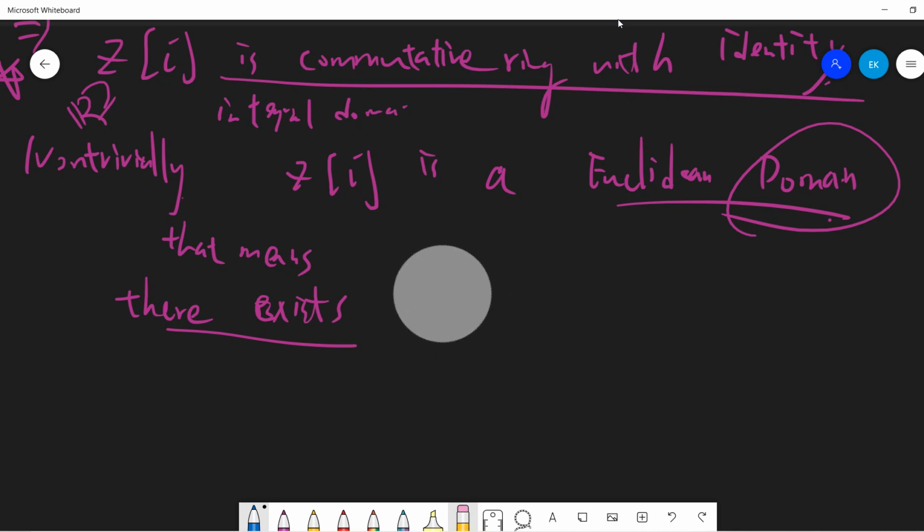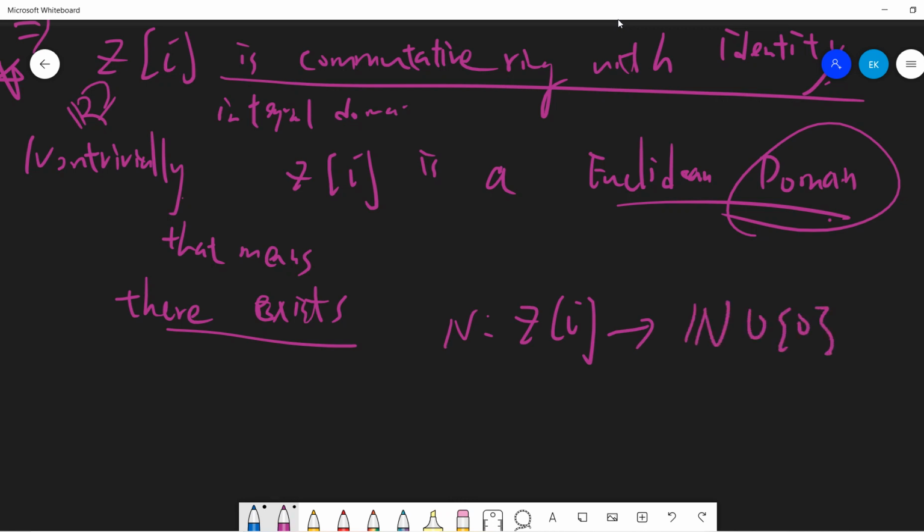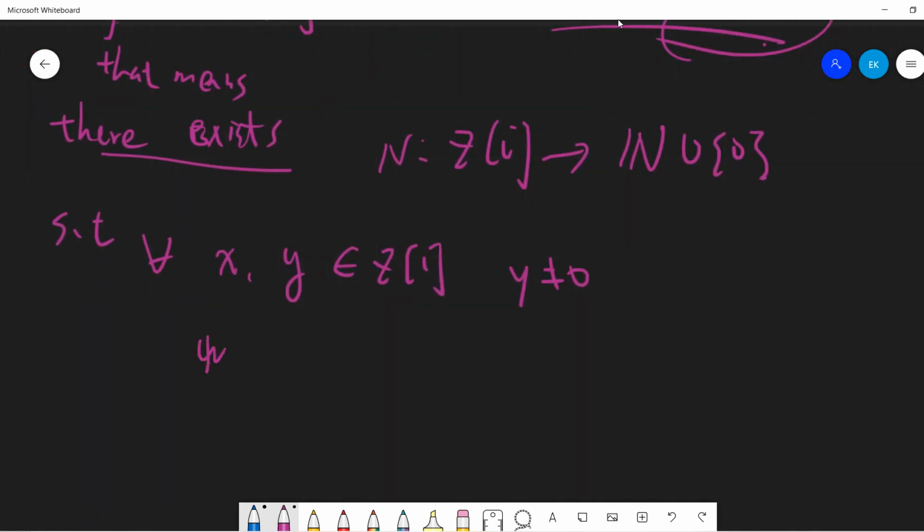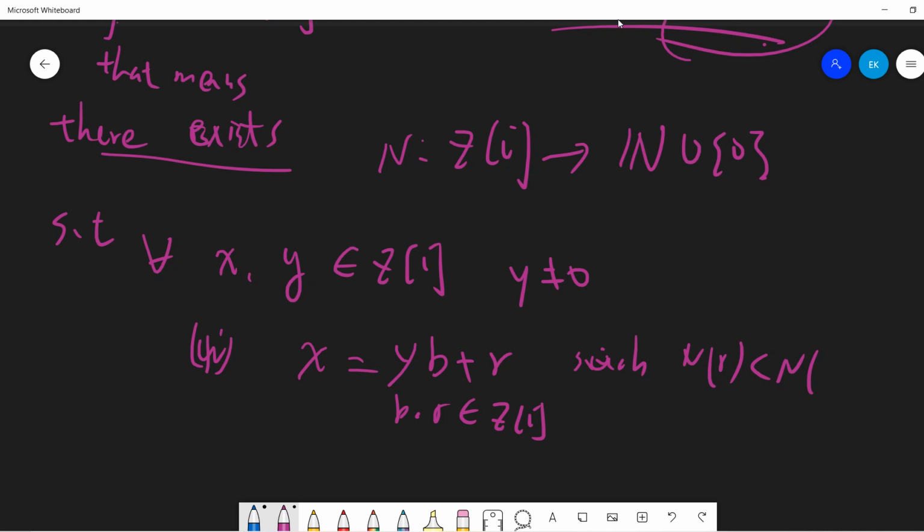So the definition is that there is a norm from the Gaussian integers to the natural numbers union 0, such that for every x, y belonging to Z[i] with y non-zero, the first condition is that x can be written as y times b plus r. So this is like a division, where b and r are in Z[i], such that N of r is less than N of y, or r is 0.